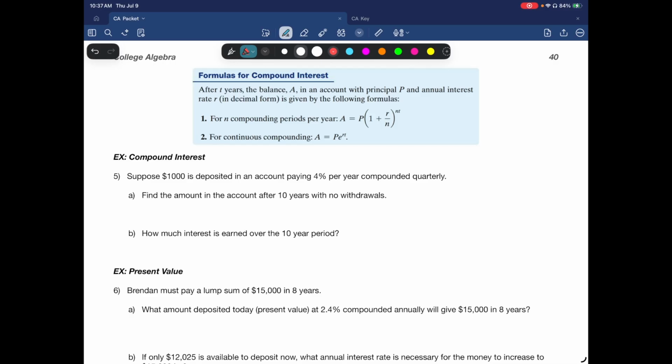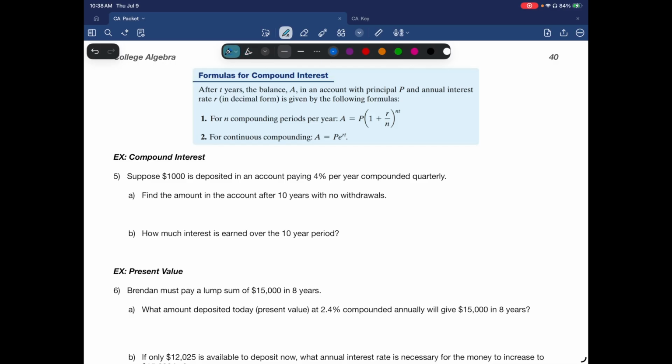Okay, so there's two different ways you can think about compounding interest. First of all, is it compounding over the year at different intervals? It could be annually, semi-annually, monthly, daily, all the things. Or you can compound continuously, and when you do continuously, you throw the e in there, and it cleans up the formula a little bit.